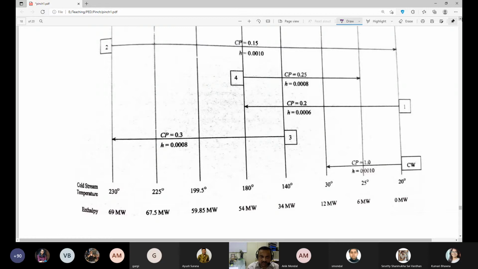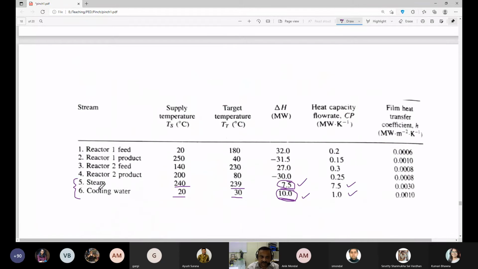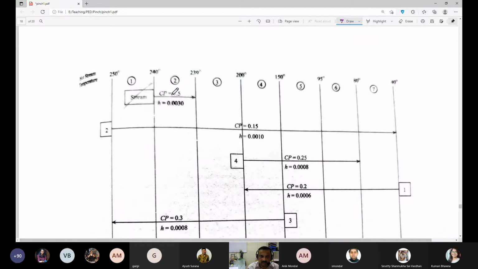So now we have the steam. Steam has a CP value. Just now we said the steam has a CP value of 7.5. So we have written that, and the corresponding heat transfer coefficient that is given in the table, we have written it here. Similarly, the CP value for this other stream and the heat transfer coefficient, these we have already worked with.